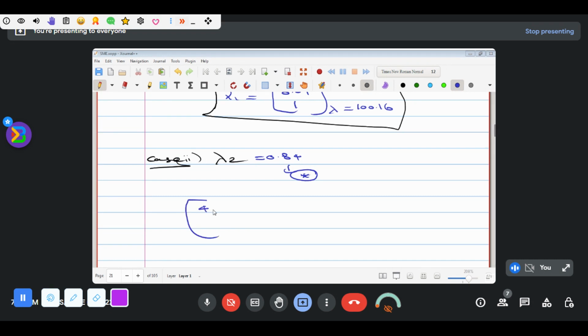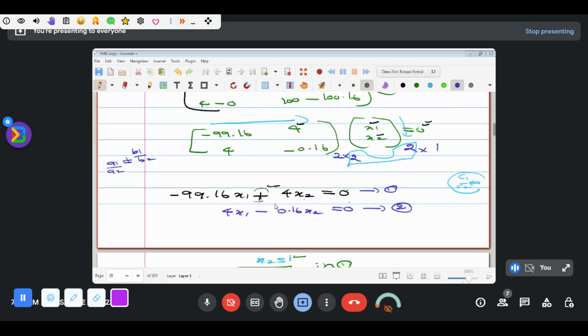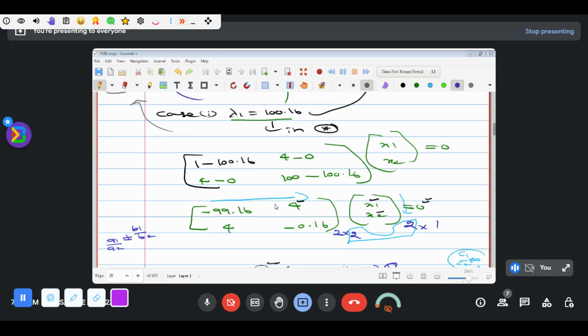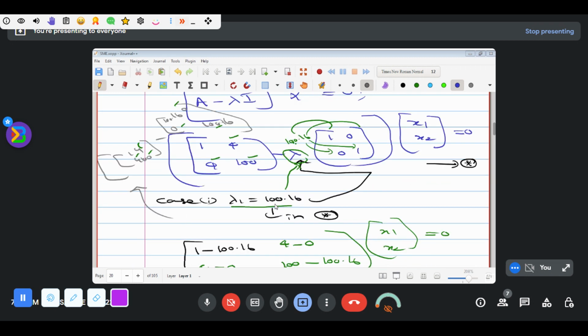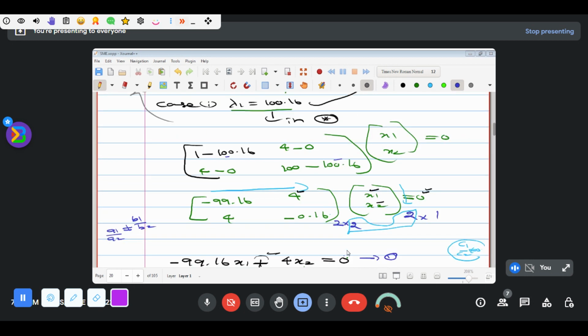The first value is 4 minus 0.84. Correct? Any doubt, please check this equation. Inside the bracket, this is replaced by 0.84 and this is replaced by 0.84. Same process, just the numbers changed.